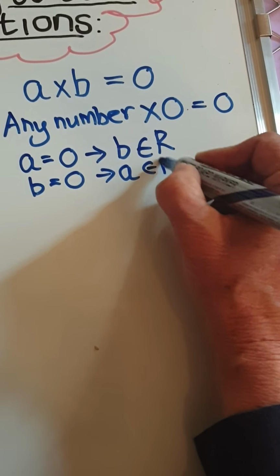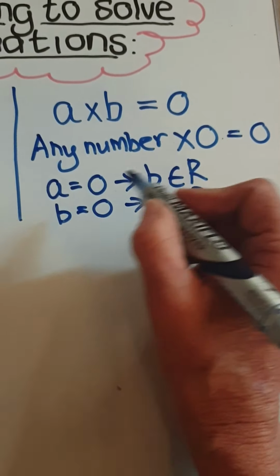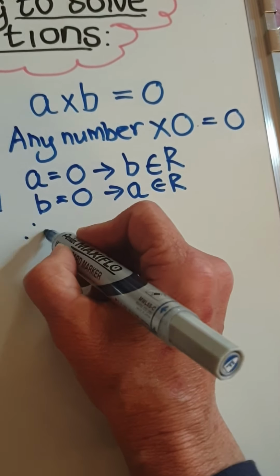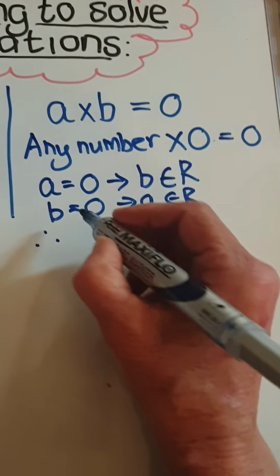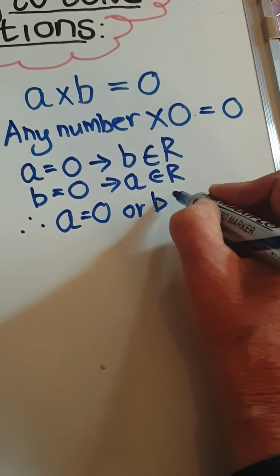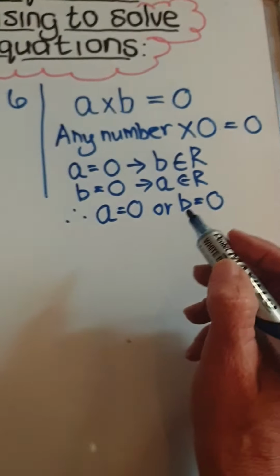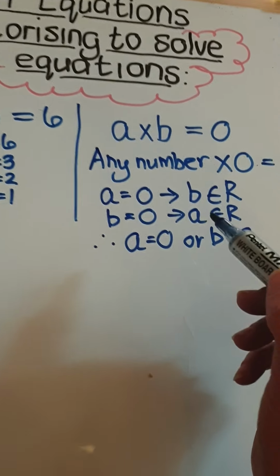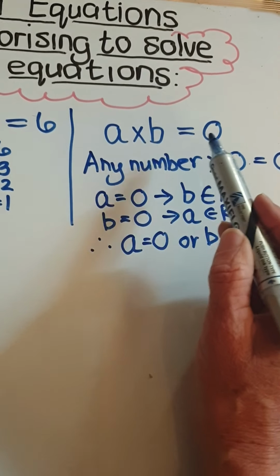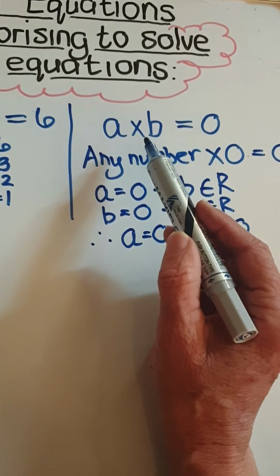So a can be an element of the real numbers, which is any number, because 0 times any number is 0. Therefore, from this you can see that either a must be 0 or b must be 0, or both. So, how does this now bring us to factorizing? If I have a product of factors equal to 0, then it means either of the factors must be 0.